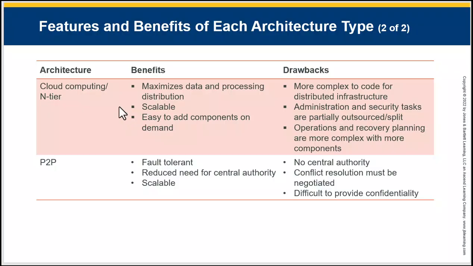What N-tier architecture allows you to do is have multiple servers, and you can have tasks divvied out to different servers. For example, you might have one device that was tasked with managing credit card charges, and then you could have another device that was your inventory management.